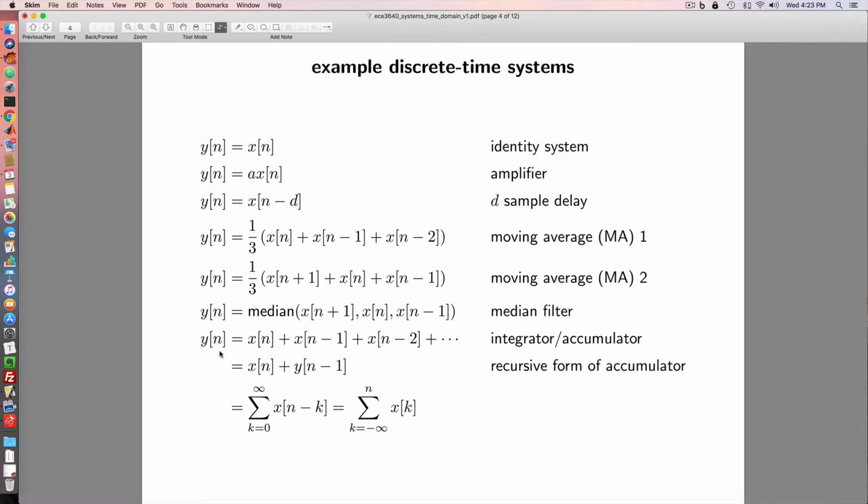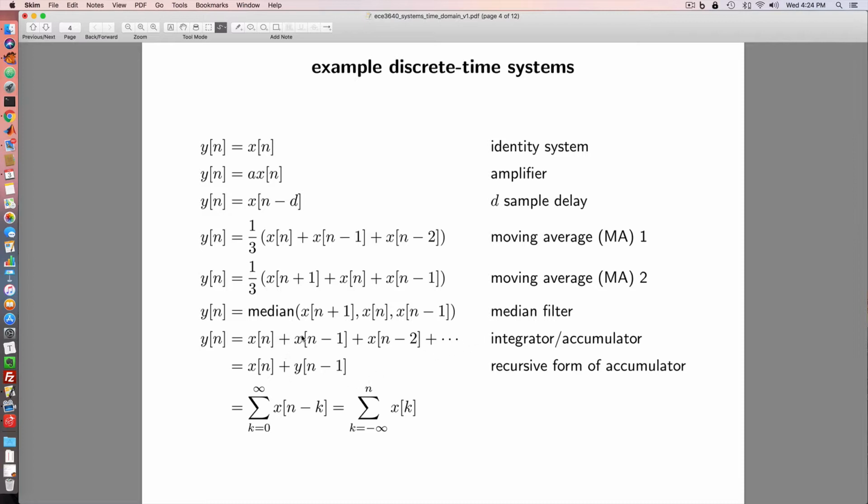The next example is called an accumulator, sometimes also referred to as an integrator, but that's probably an abuse of terminology because an integrator is something that is encountered in continuous time. An accumulator acts like an integrator. What it does is it just adds the history of samples together. And that's what you see here, x of n plus x of n minus 1, n minus 2, and so on, back till time negative infinity.